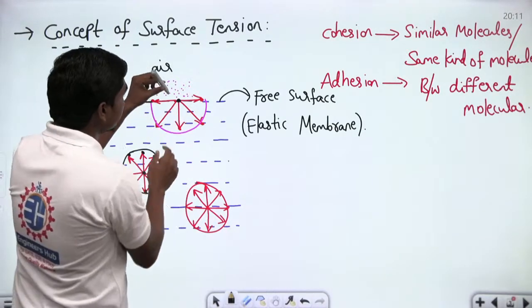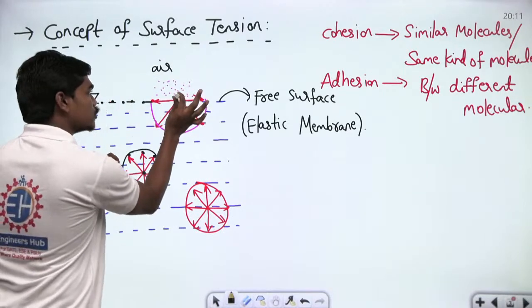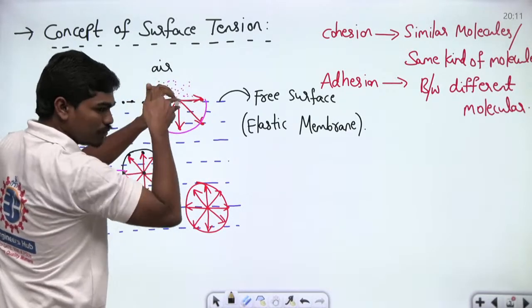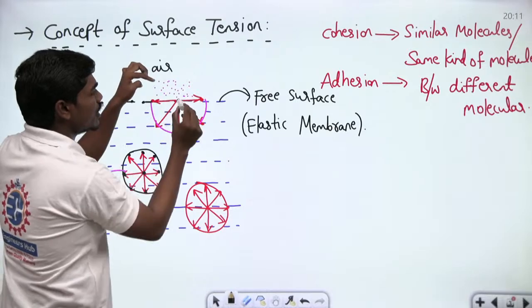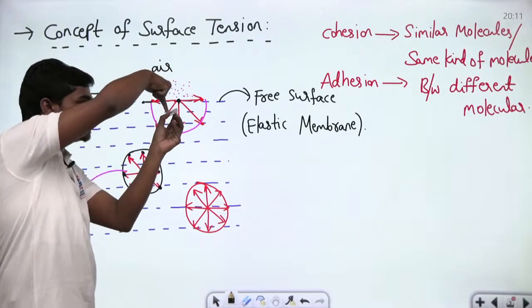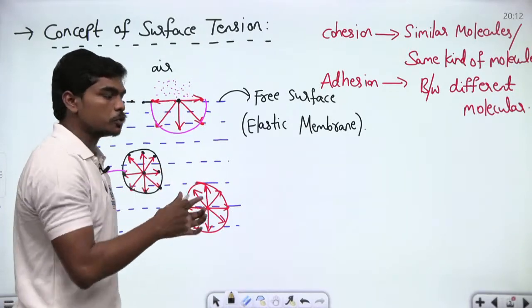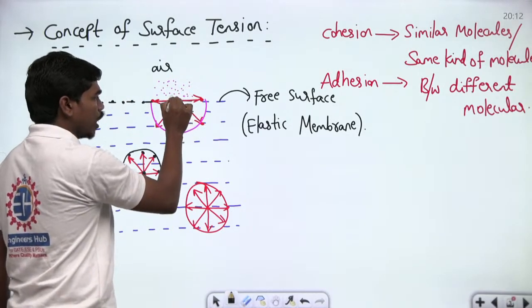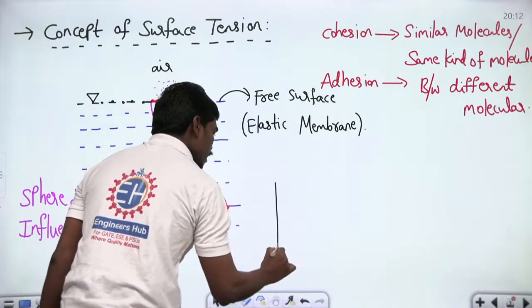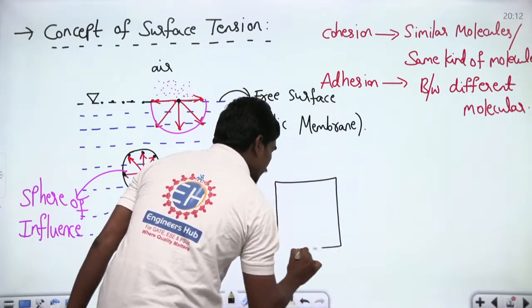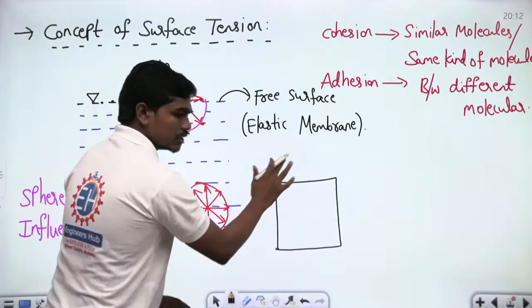So now, if you take a layer of molecules which are perpendicular to the board, then every molecule on this layer, like 1, 2, 3, 4, 5, is subjected to some tension. If you draw the top view of this, this is the free surface when viewed from the top.